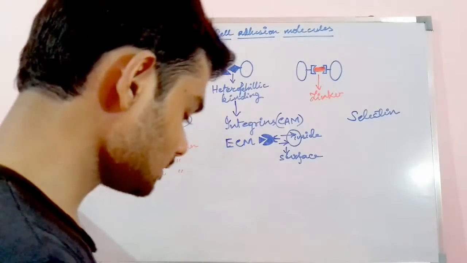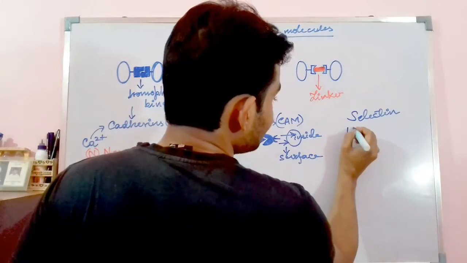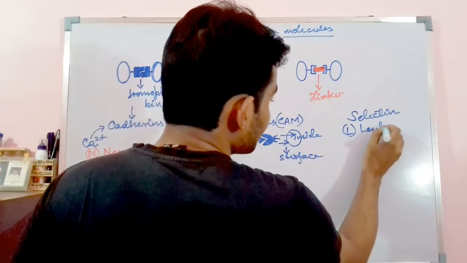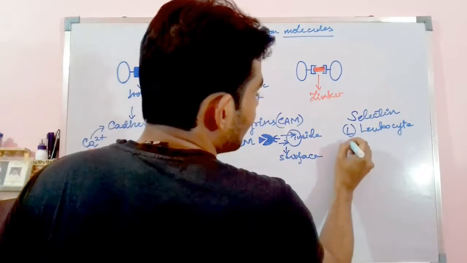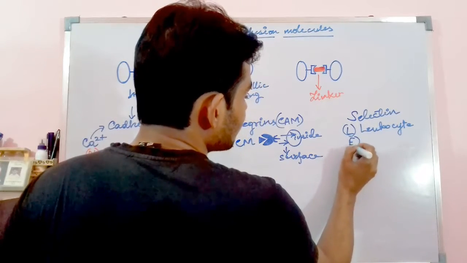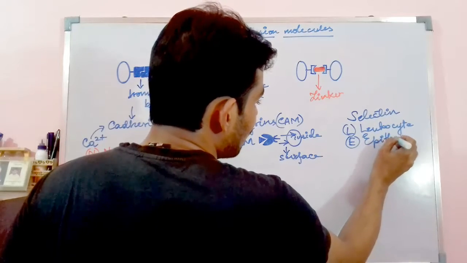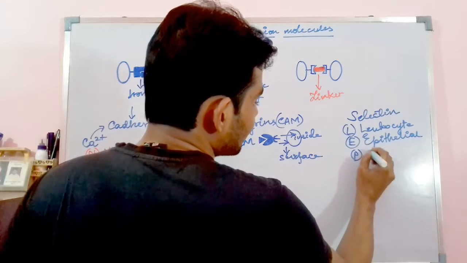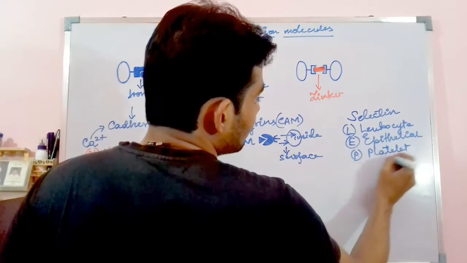The selectin molecules are also of three types: the L-selectin or leukocyte selectin, then E-selectin, that is epithelial, and P-selectin, that is platelet selectin.